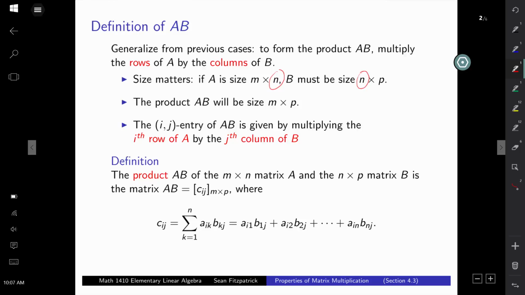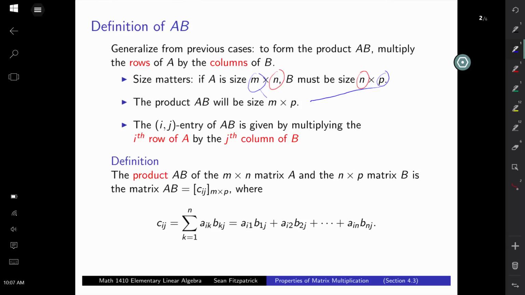N and N, they have to match. The numbers on the outside, the M and the P, tell you what the size of the product will be. Checking that those numbers match on the inside makes sure that the product is defined in the first place. The numbers on the outside tell you the size of what that product should be.